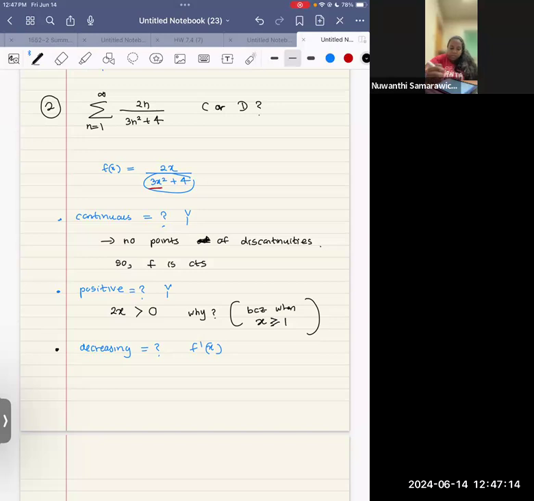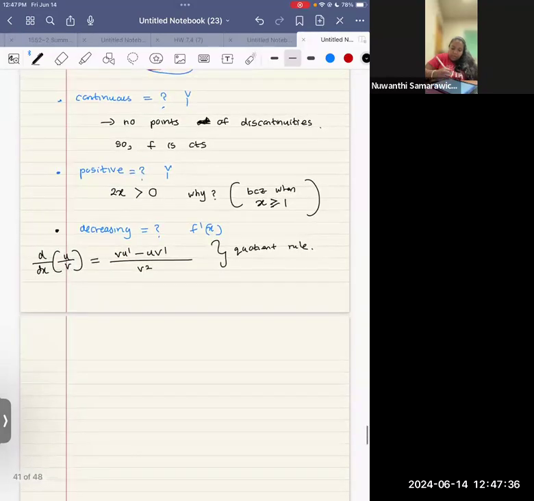So what is the quotient rule? If I recall again, if you have u over v, the derivative is (v u prime minus u v prime) over v squared. This is called the quotient rule.